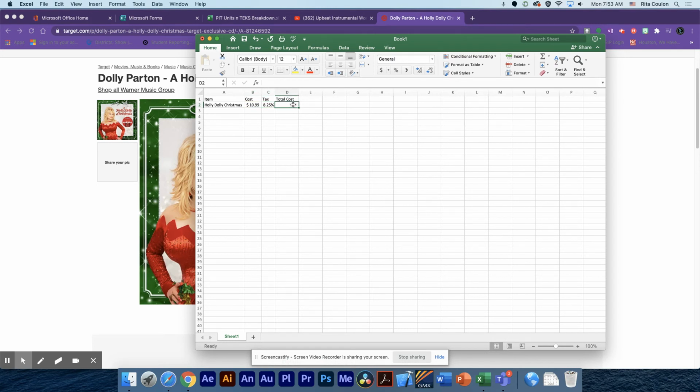If you don't remember how to do formulas, remember every formula begins with an equal sign, and I am multiplying. If I'm going to use absolute cell reference, I am going to type B2 times, which is Shift 8, and I'm going to press the Shift key and click C2. That's my tax.